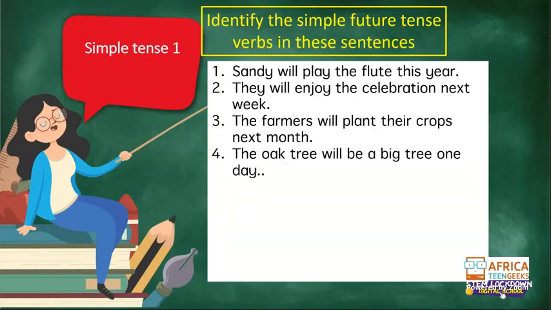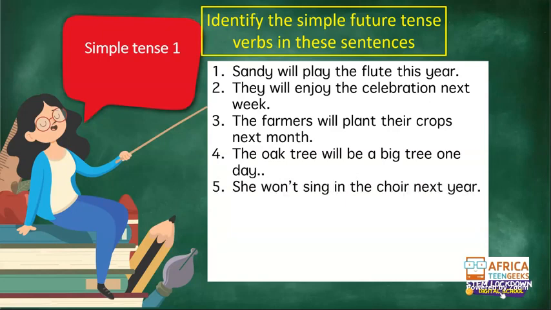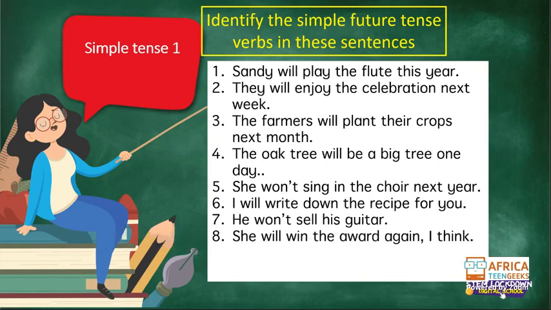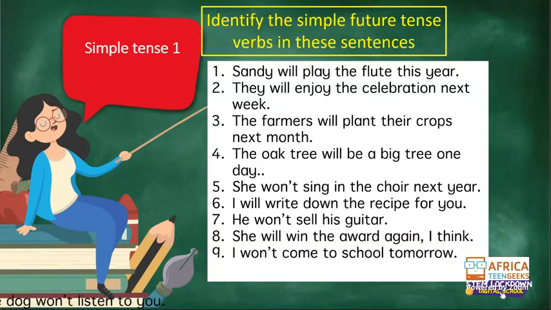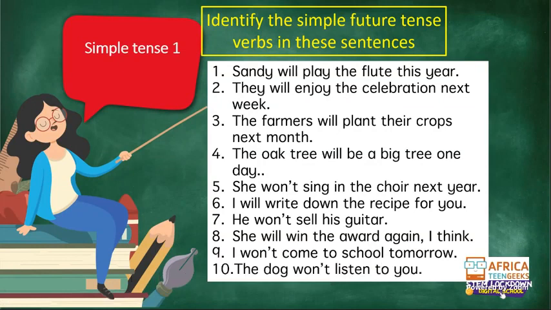The oak tree will be a big tree one day. She won't sing in the choir next year. I will write down the recipe for you. He won't sell his guitar. She will win the award again, I think. Number 9, I won't come to school tomorrow. Number 10, the dog won't listen to you.